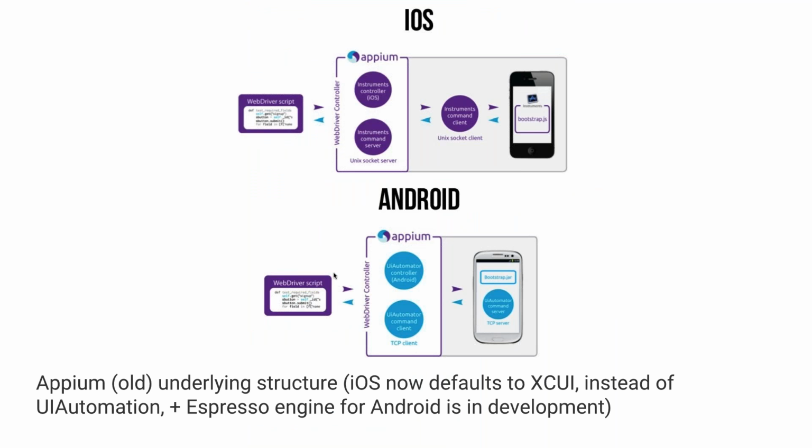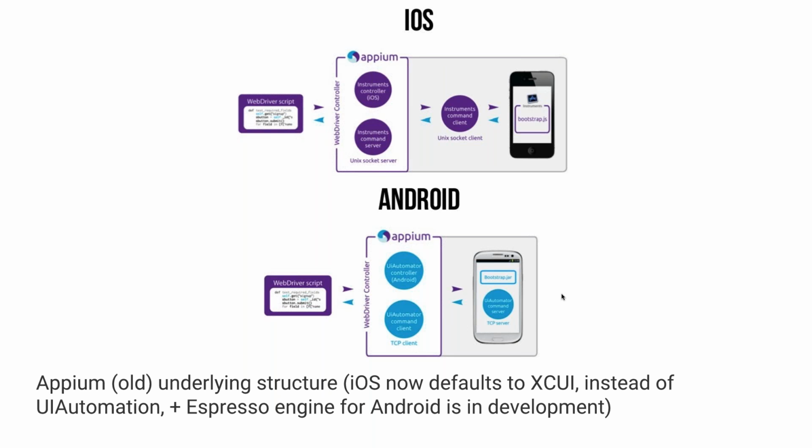Okay, so this is a diagram showing the internal, let's say, flow of commands within Appium. For iOS, this diagram is a bit outdated. It was true until Xcode 8 because it was based on UI automation.